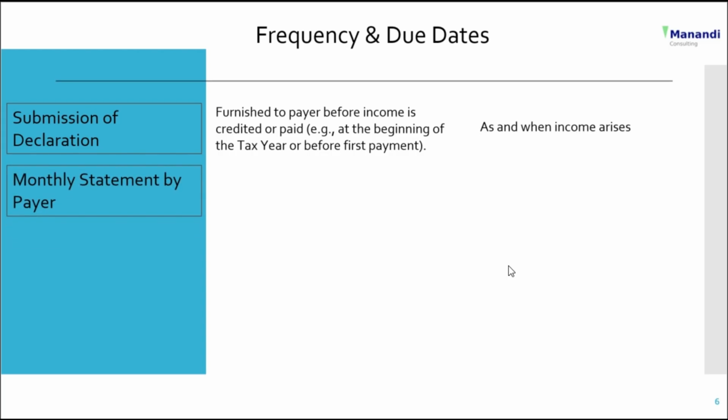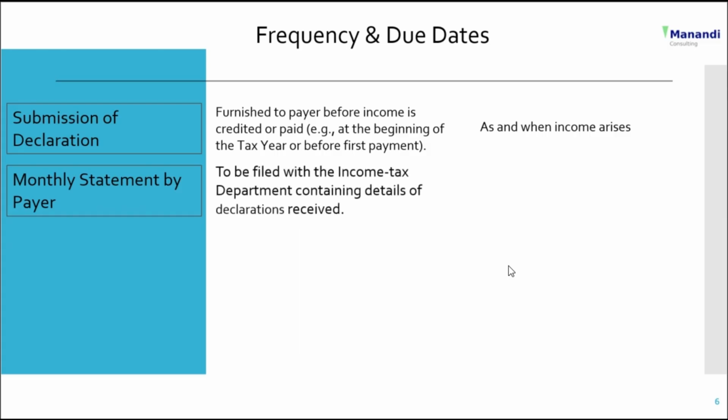Then a monthly statement is to be filed by the payer with the income tax department containing the details of declarations received. So it is for the banks or post office to submit the monthly statement, not the individuals.